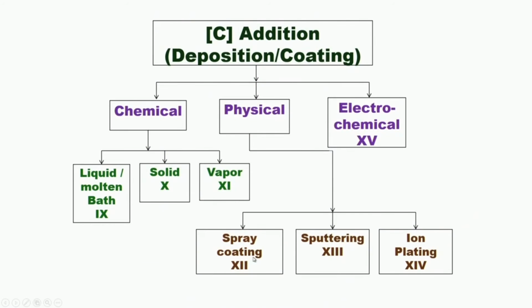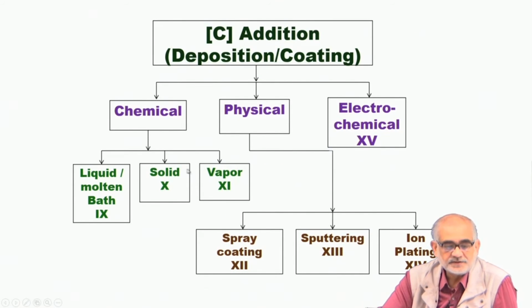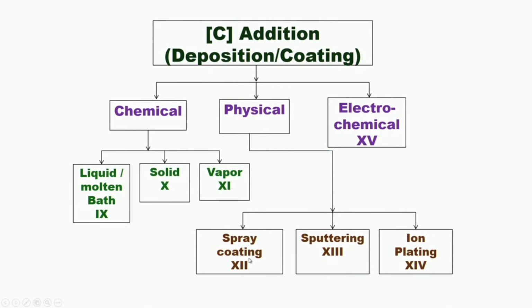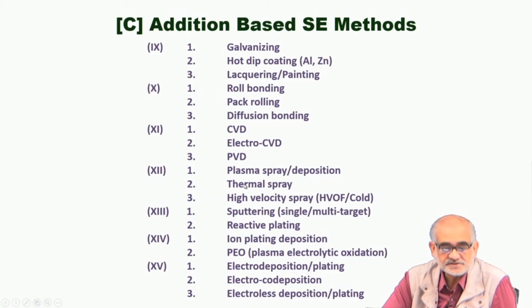You can also create a new surface or add-on material by way of spray coating, but here you don't necessarily change the composition of the surface. For example, you can use plasma spray or plasma deposition, thermal spray, or high velocity spray, and these are slightly different than most of the techniques we have discussed so far.